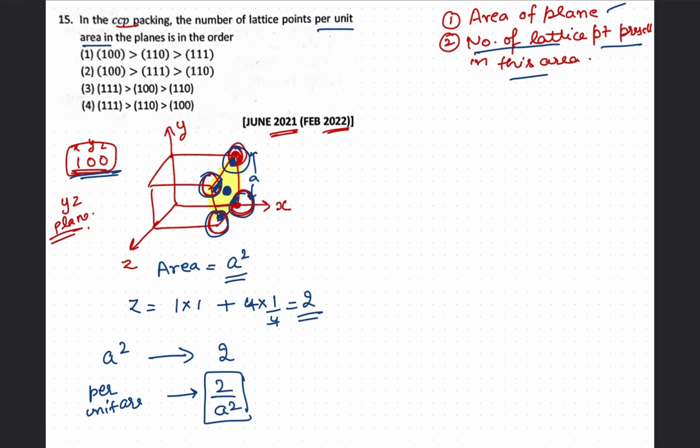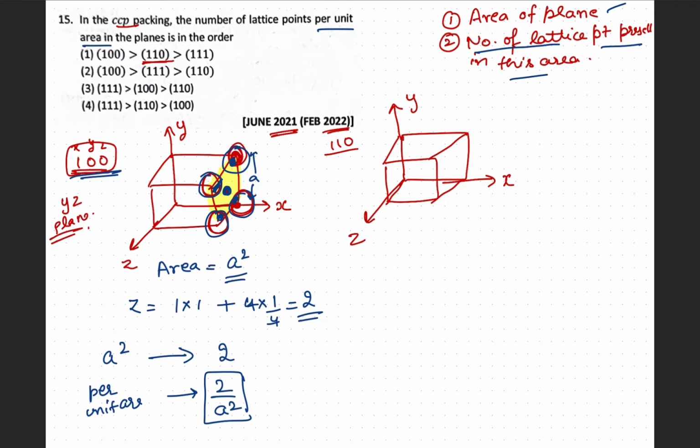Now we'll discuss the second one, 110. Similarly, you have to draw a cube, basically an FCC crystal structure. X, this is Y, and this is Z, okay?